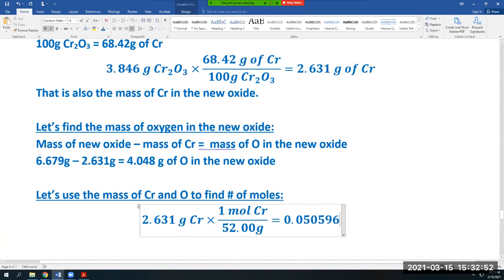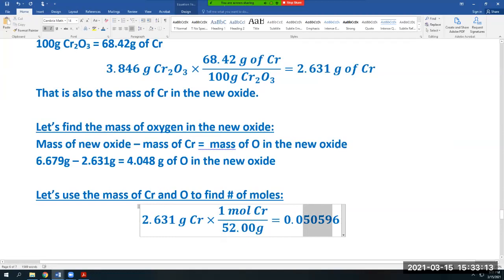We need 4 sig figs according to the mass of chromium and molar mass as well. So the 1 mole, of course, is exact. So we need 4 sig figs. The 2 zeros there are not significant. So we keep the 5, the 0, the 5, and the 9.